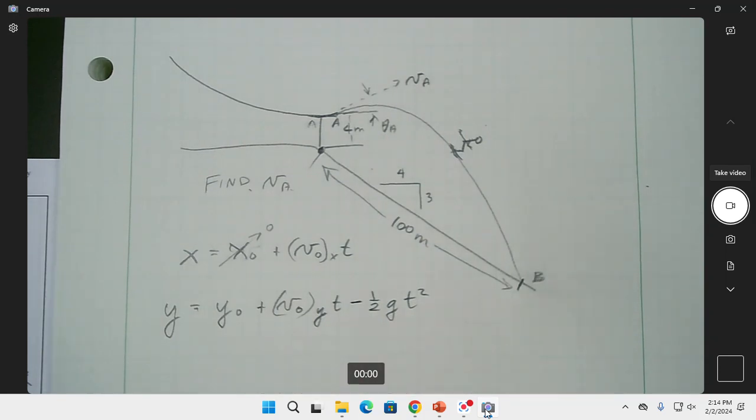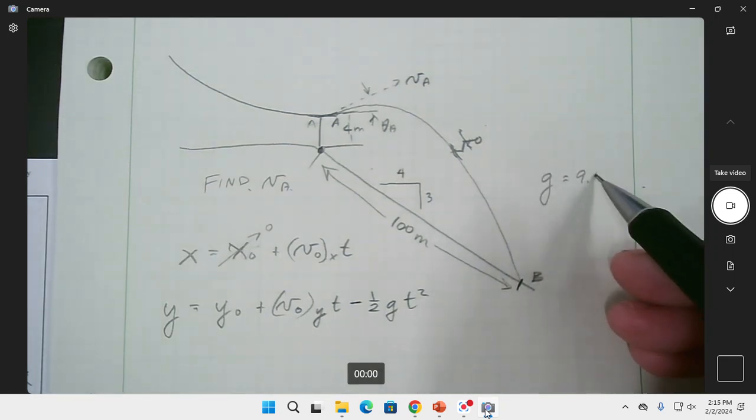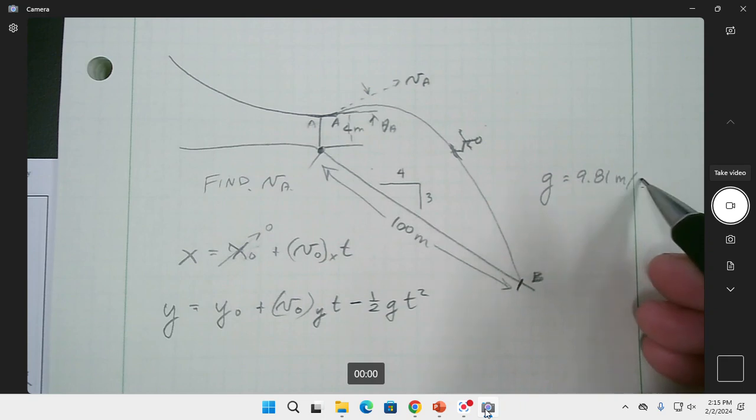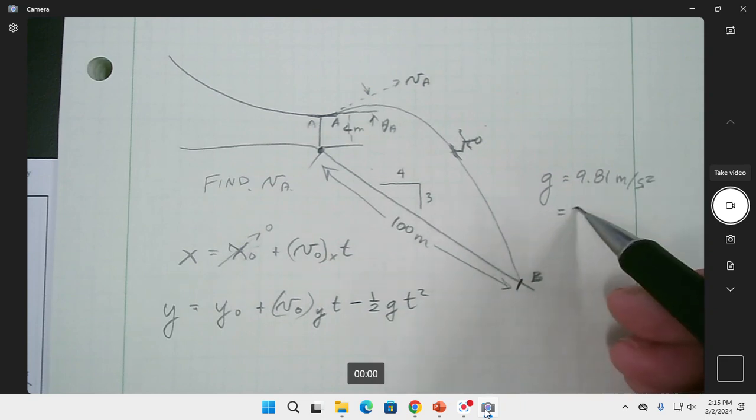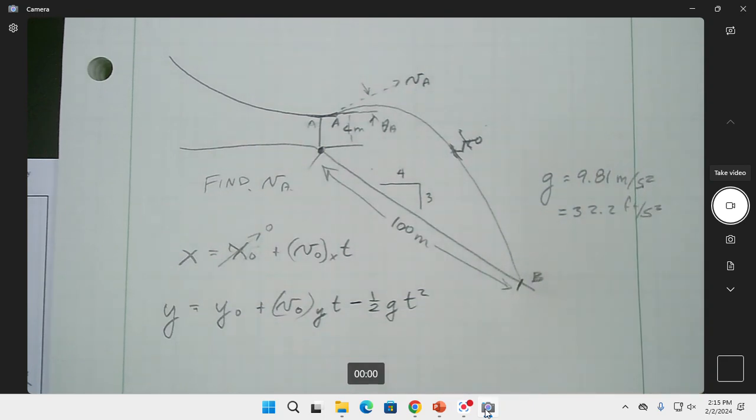That's not written that way on your equation sheet. We just have the regular old constant acceleration equation, but you should remember this. And if you do forget that gravity is equal to 9.81 meters per second squared, or 32.2 feet per second squared, that'll be helpful for you.